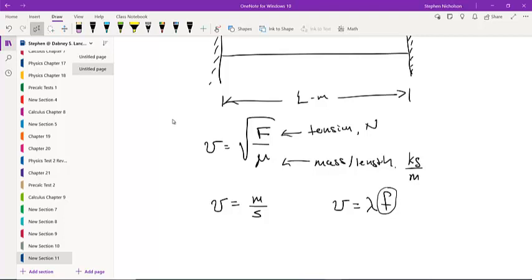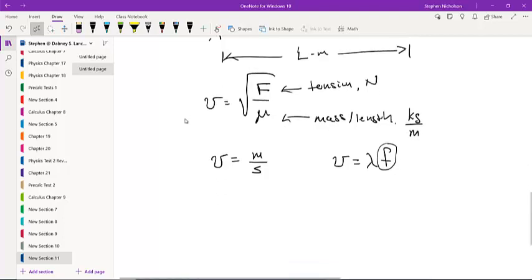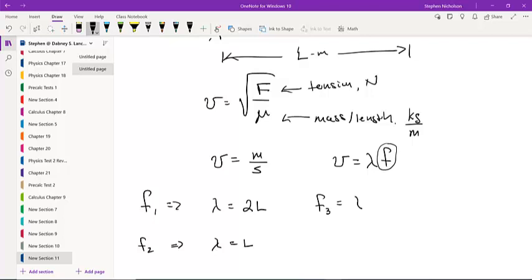So the third equation is that for the fundamental frequency, under those conditions, the wavelength is equal to 2 times the length between the two ends. And for the second harmonic, which is a higher frequency, the wavelength is shorter, and that's equal to L. And the third harmonic, what is it going to be?